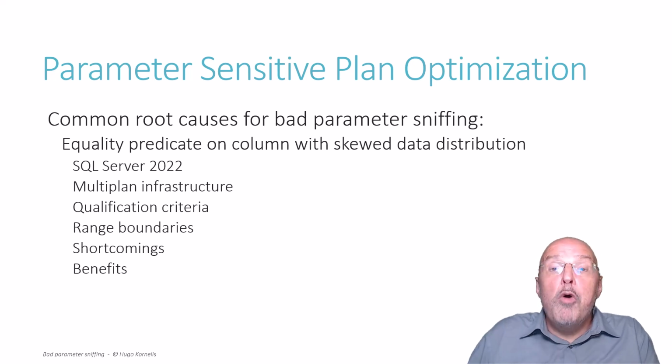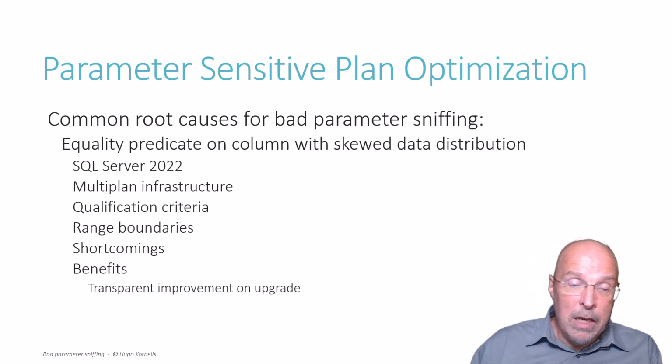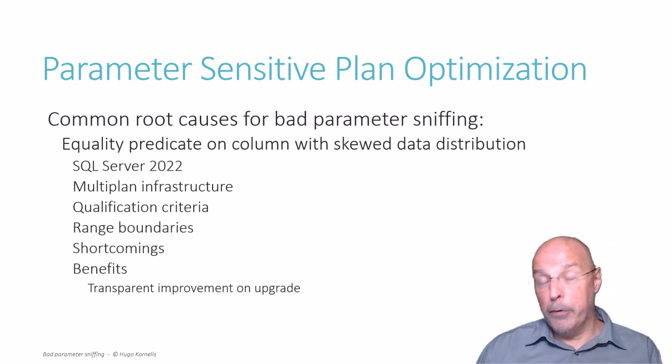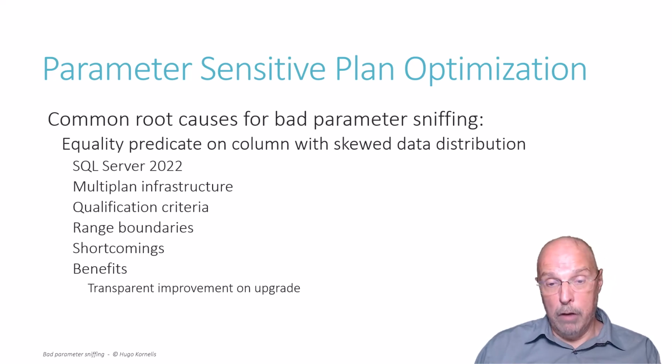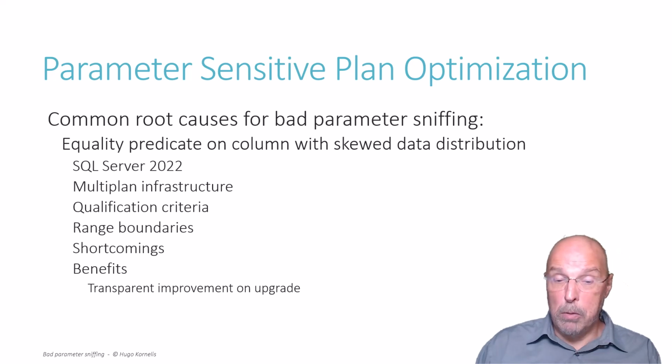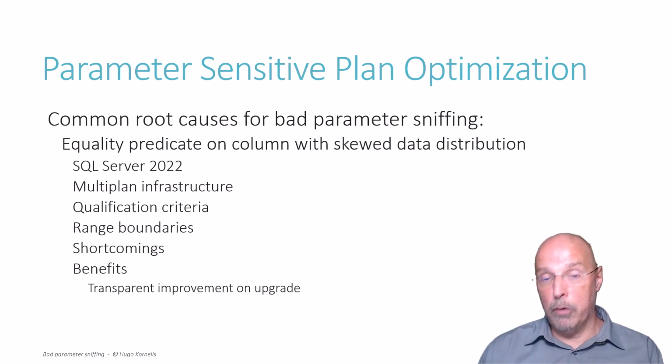Now let's not be only negative. PSPO also does have benefits. It is a transparent improvement on upgrade. For queries that do qualify, not enough, but some there are. For values that have an estimate below 100, you will now for free no longer have problems.